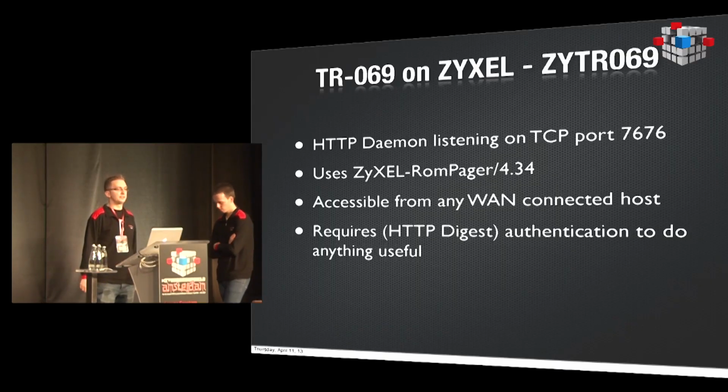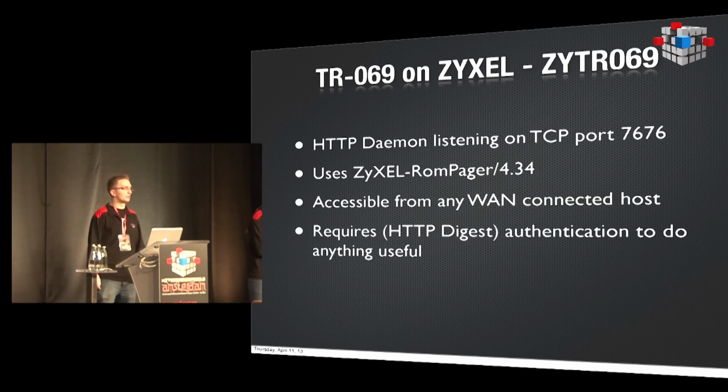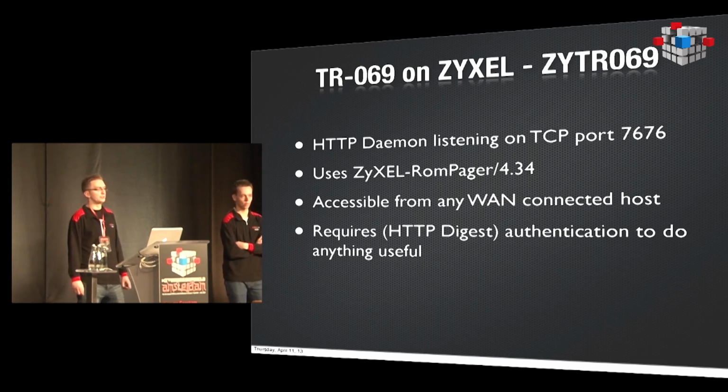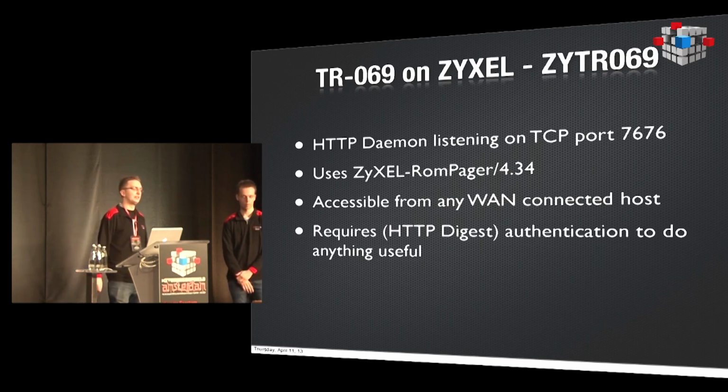So let's have a look at TR069 on these Zyxel modems. There's the HTTP daemon listening on TCP port 7676, like we mentioned. One thing we notice if we do an HTTP connection to this port is that the response will have a server header which says RomPager version 4.34. More on this later.